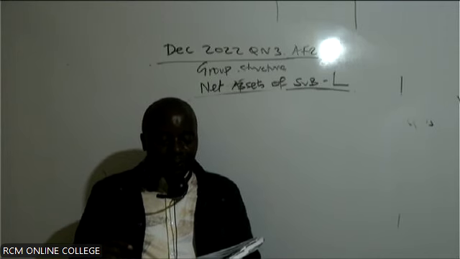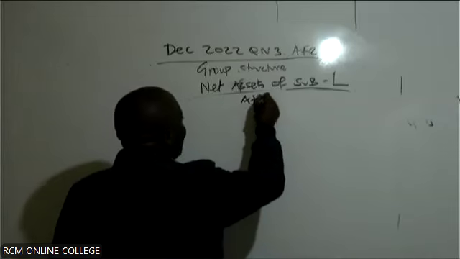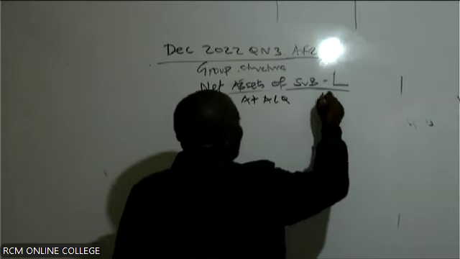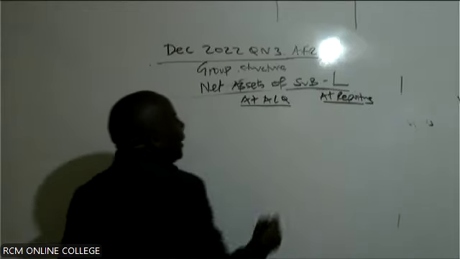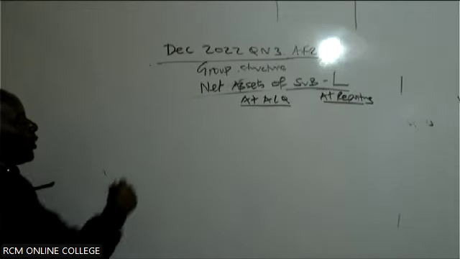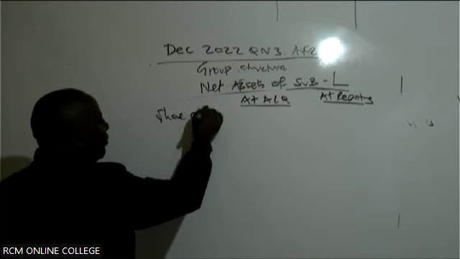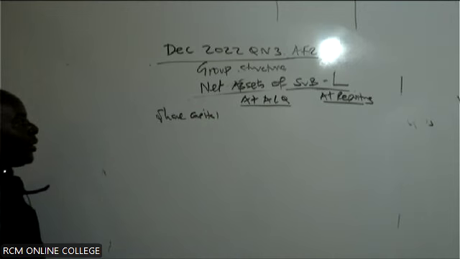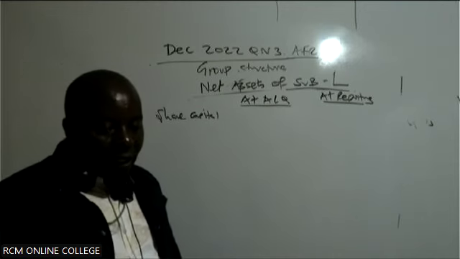All right. Now we go to L Limited. So net assets at acquisition and at reporting. We start with share capital. Is there anybody who is able to see the share capital of L Limited?